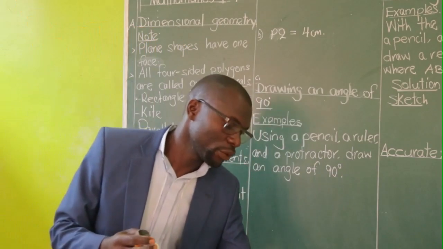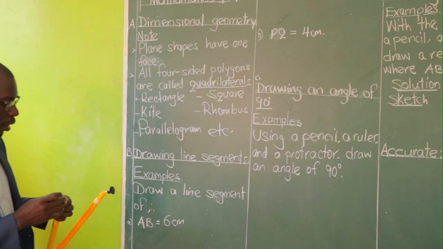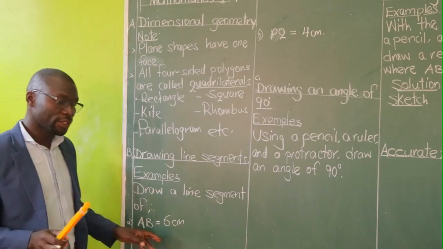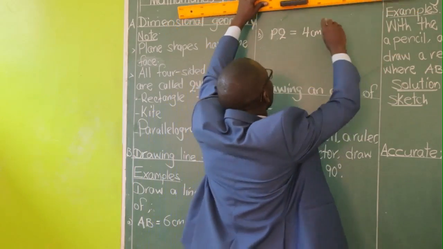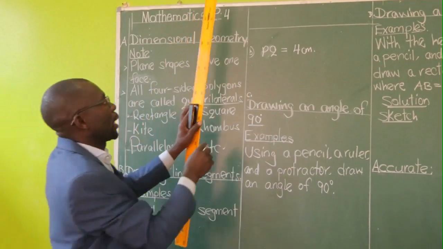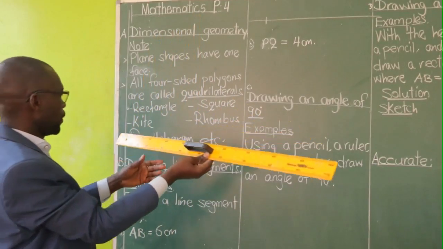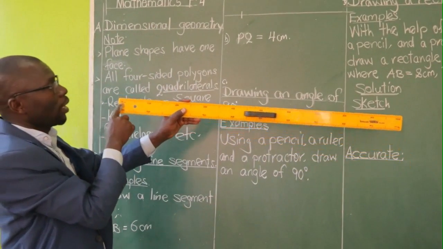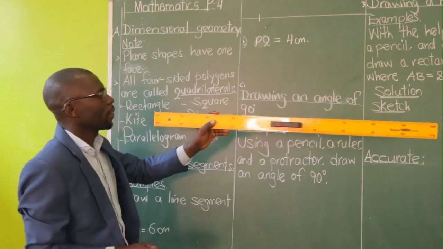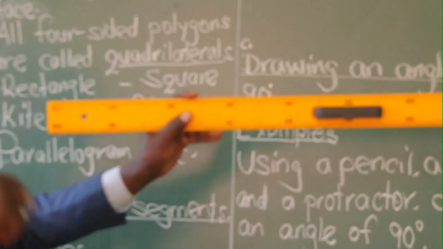So we can start by constructing a line segment of 6 centimeters, and there we shall need a ruler, and then a compass. But meanwhile, we can as well construct or draw without a compass by just drawing a line that we can call a baseline. When we draw that baseline, we can put a mark. And from there, on our ruler, we have 0. And we are going to use centimeters, and you can see this is centimeters. And 0, where there's this first mark, that's where we have our starting point.